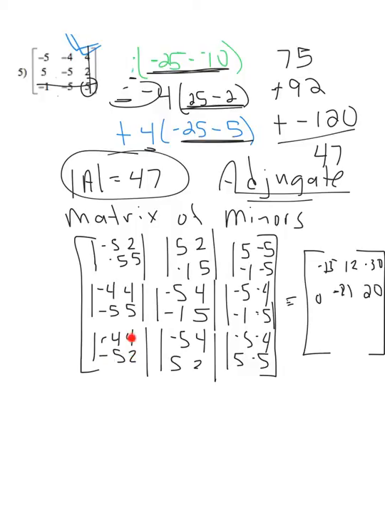There's -8 minus -20. So -8 plus 20, 12. -10 minus 20. -10 minus 20, so -30. And there's 25 minus -20. So 25 plus 20 is 45.